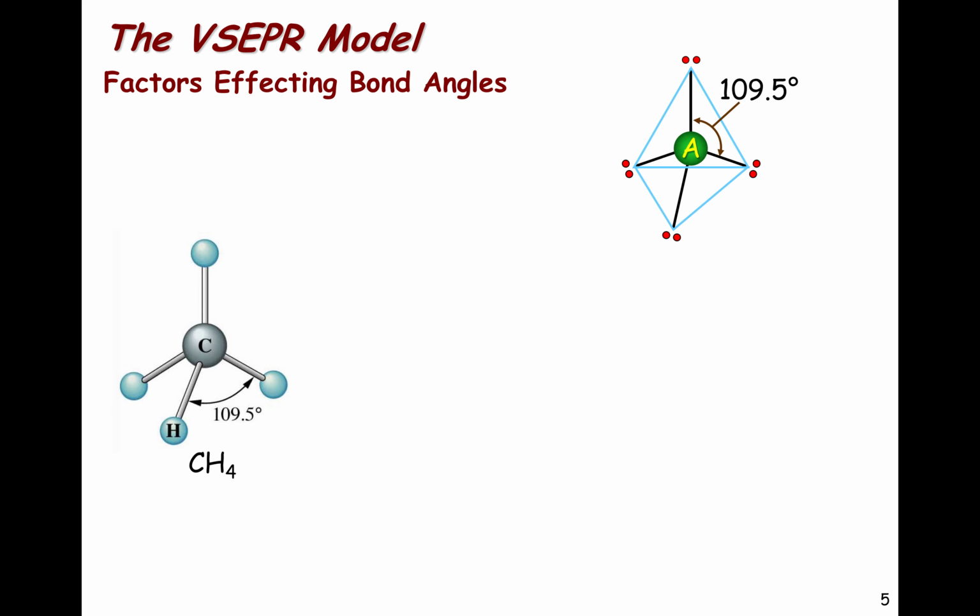At this point, we want to consider the effect that the size of the atom attached to the central atom has on the molecular shape and any distortions that can occur. In our example of methane, where there were 4 bonding electron regions, the angles were all the optimized tetrahedral angle of 109.5.